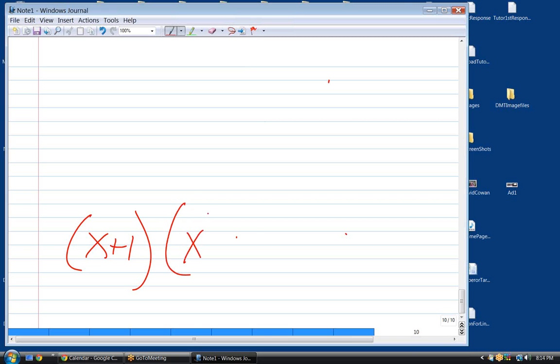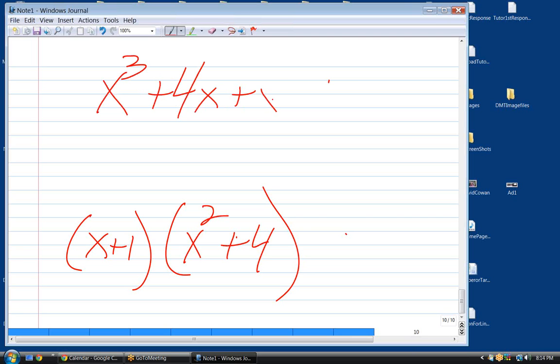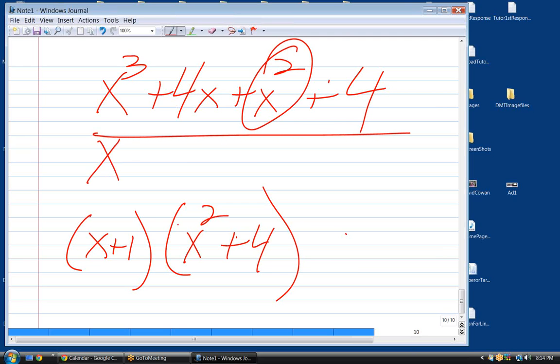I've multiplied them together. Now you know how to multiply that times that? Yeah, so x cubed plus 4x plus x squared plus 4. Okay, and the only thing you'd want to do is put that term in front of that term. In other words, you wouldn't want to give that as an answer.